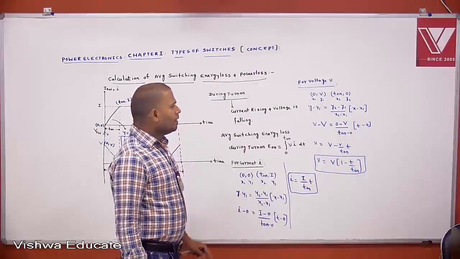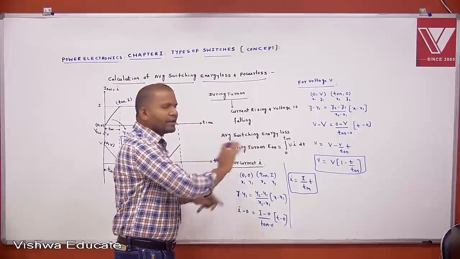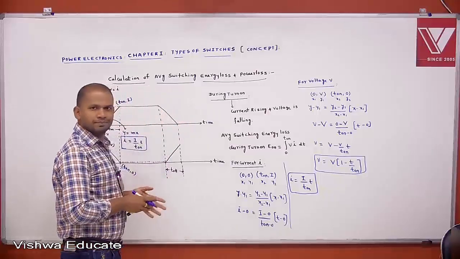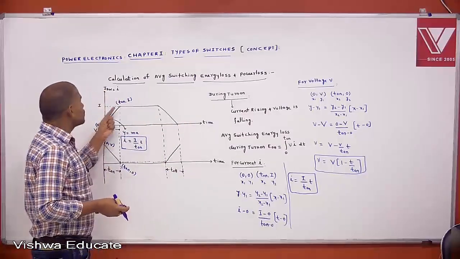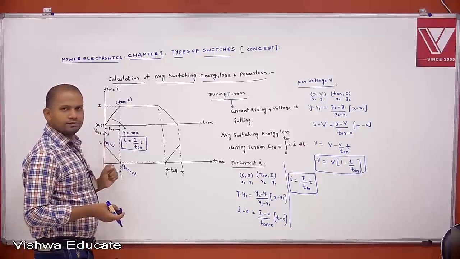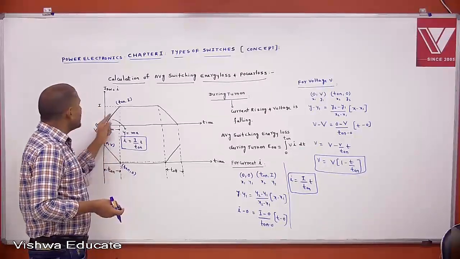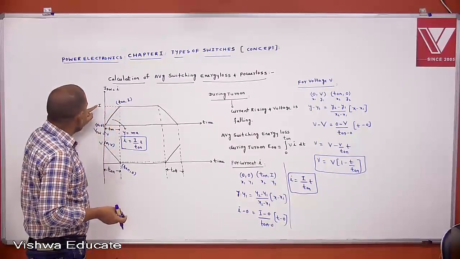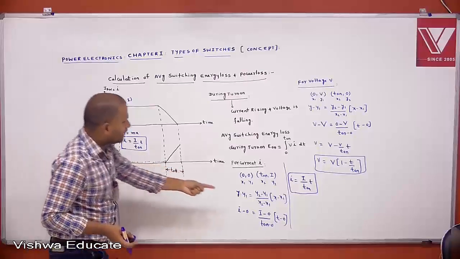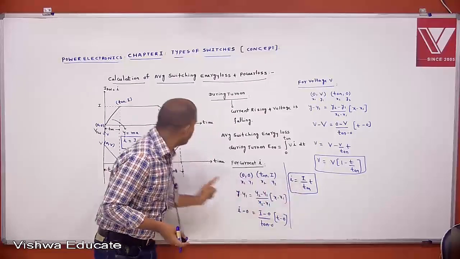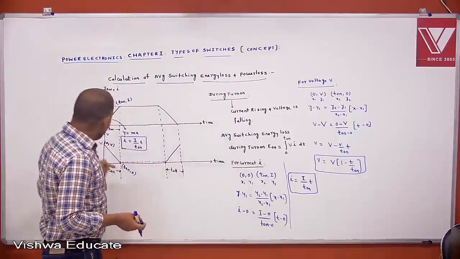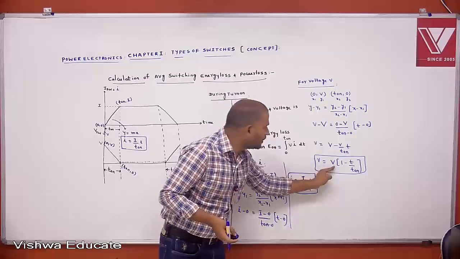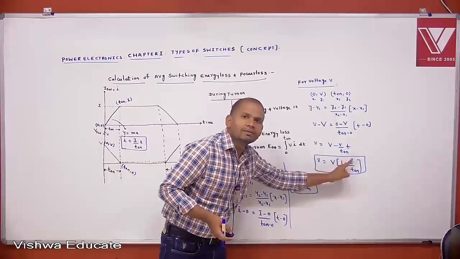Understood? Without doing this, you can also write it directly. One observation: how to write directly for this type of waveform. For a rising slope, the expression is amplitude by time, into T. For a falling slope, the expression is amplitude into 1 minus T by T on.